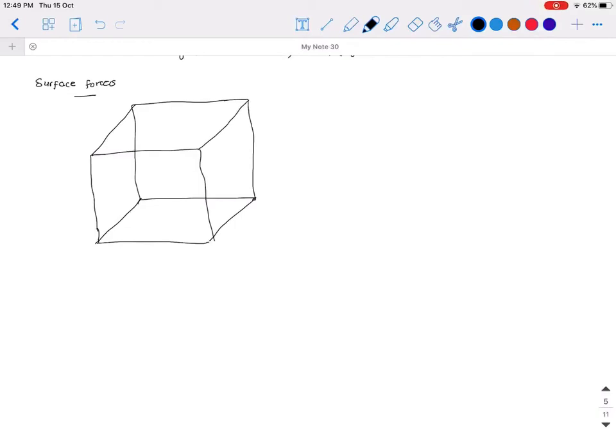Okay, so we consider an infinitesimal fluid element of size dx, dz and dy.